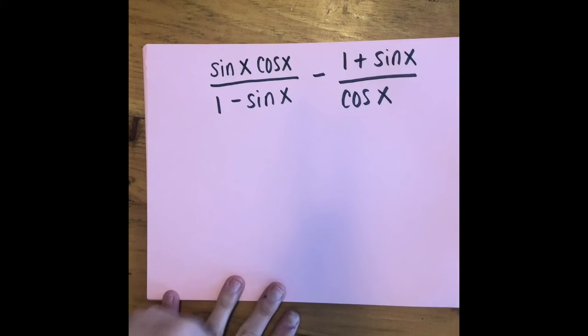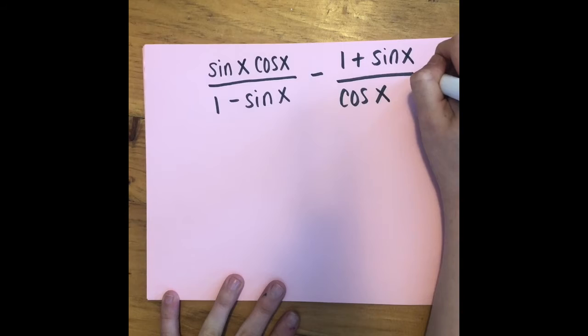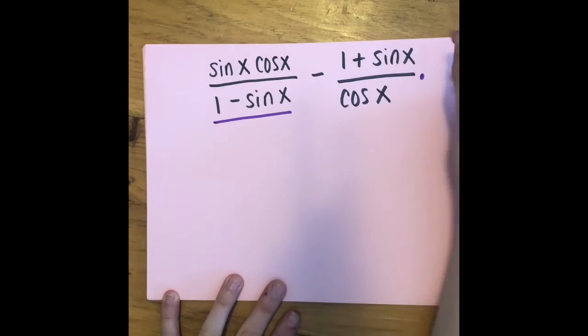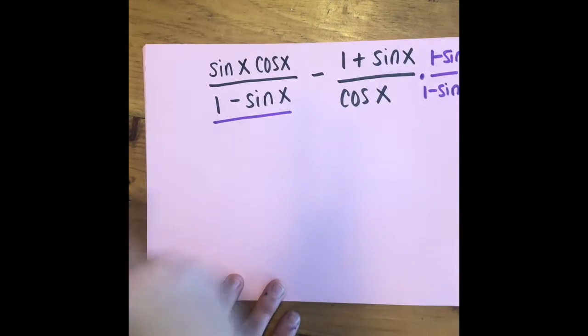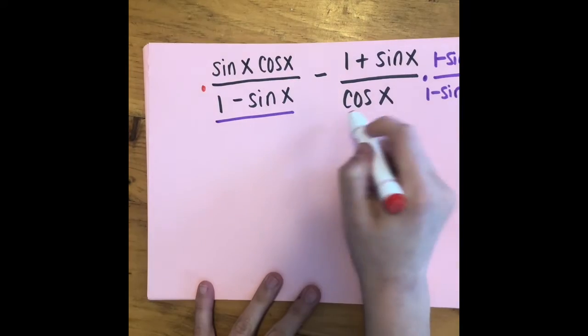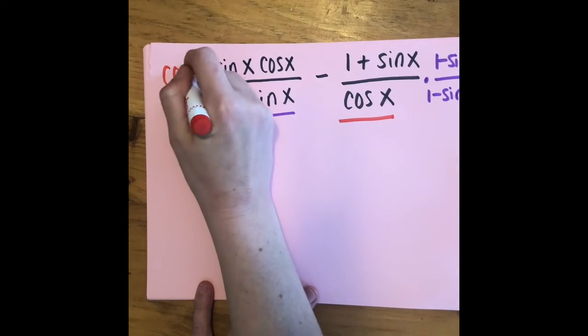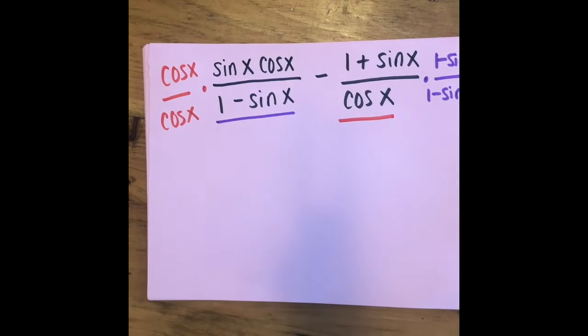We do not have common denominators, but one way to get common denominators is to multiply this side by 1 minus sine x over 1 minus sine x, and to multiply this side by cosine x over cosine x.